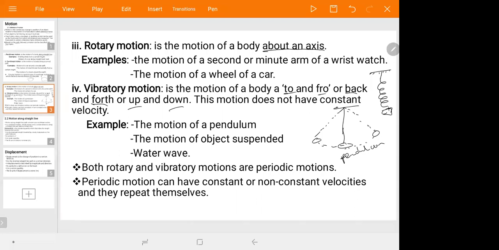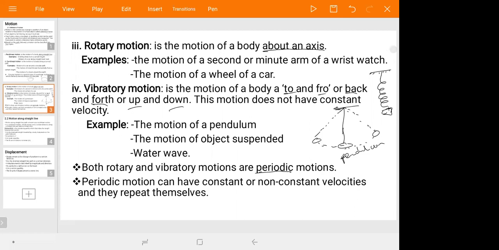Both rotary motion and vibratory motion are periodic motions. Periodic motion means it repeats in a certain time. Periodic motion can have constant or non-constant velocity, and it repeats by itself. If you take the motion of a pendulum, it repeats by itself.